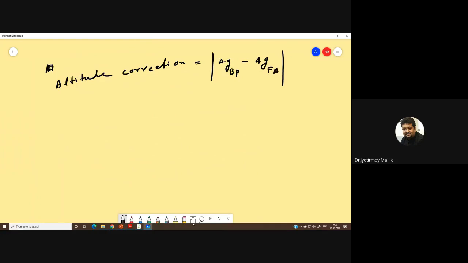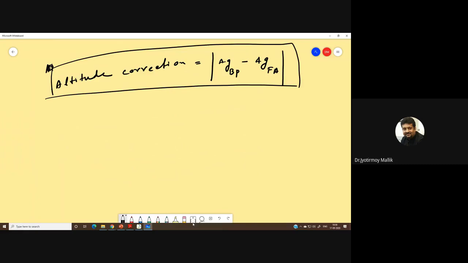So the altitude correction, either you have to subtract delta G FA, add delta G BP, or subtract delta G BP, add delta G FA, depending on where you are. But together, this is called altitude correction because they act exactly opposite to each other.